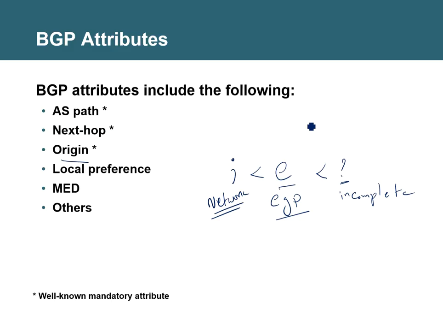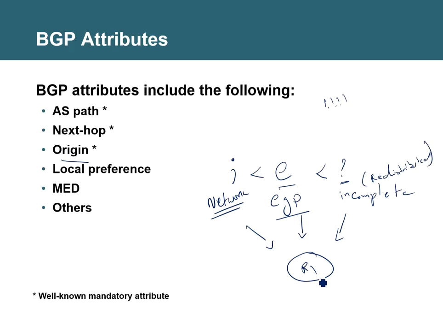Now let's say for one network, one neighbor is giving I, another neighbor is giving a question mark, another neighbor is giving E, another neighbor is giving a question mark. Question mark means what? Redistributed, incomplete.